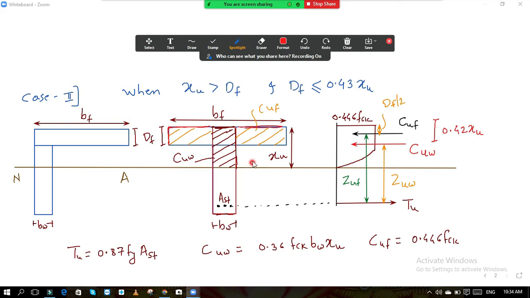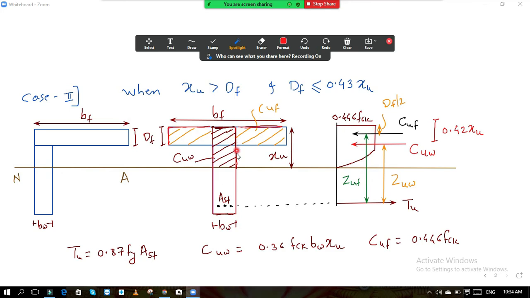It is 0.446 FCK because the stress in the flange is uniform. The stress in the flange is always uniform when DF is less than 0.43 XU, and the flange starts from the topmost fiber, where the stress is 0.446 FCK.